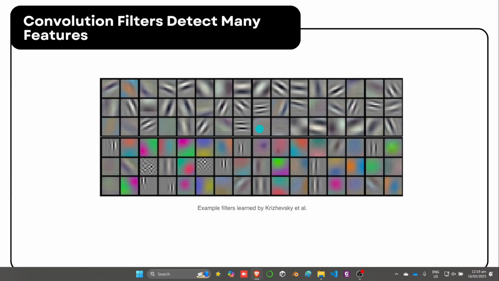Another one is looking for a somewhat checkerboard pattern, and this one is looking for a pink blob. So you can see feature detectors being able to detect many different features.